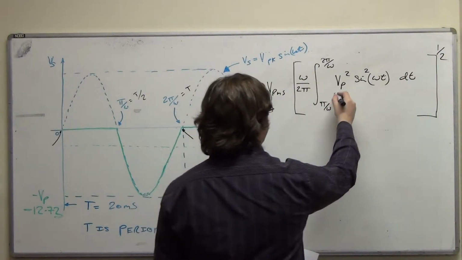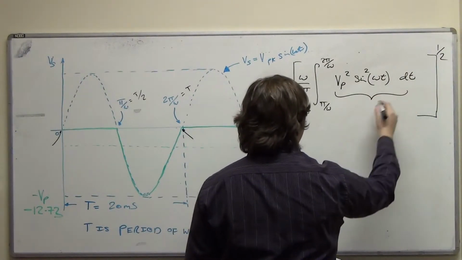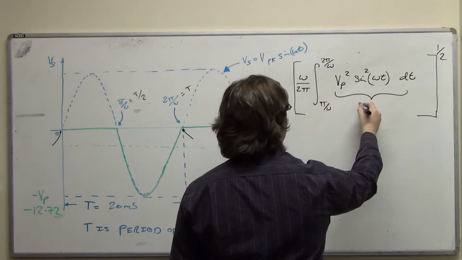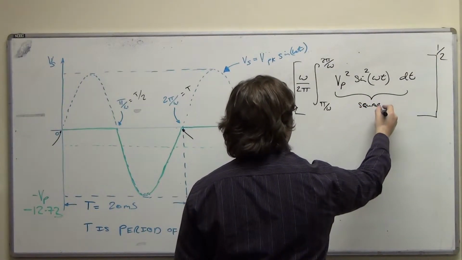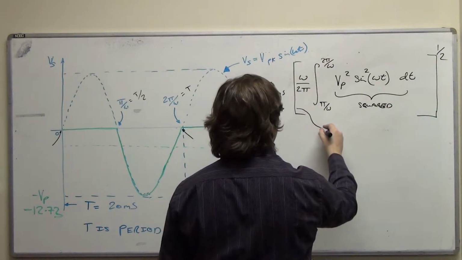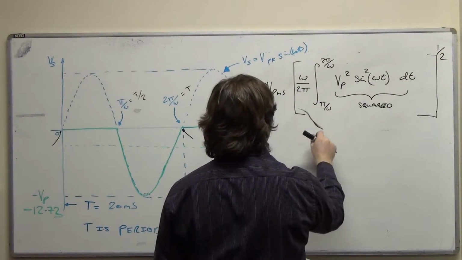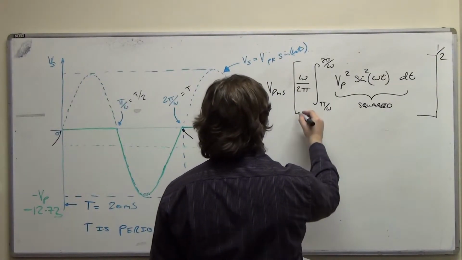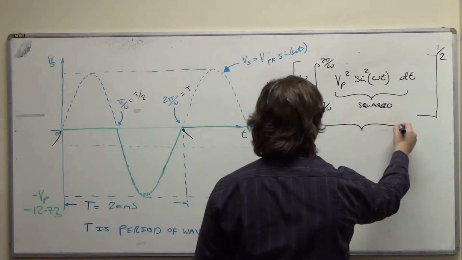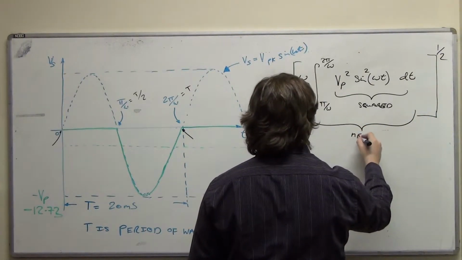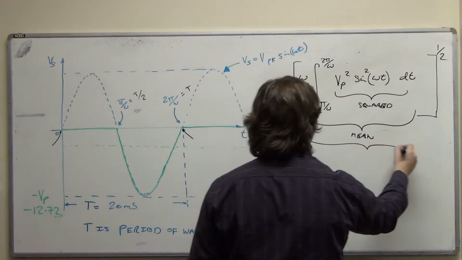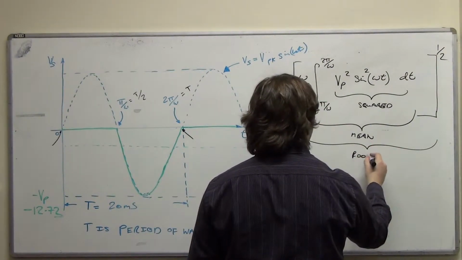So this is the squared bit. This bit here is the mean bit, and this bit here is the root bit.